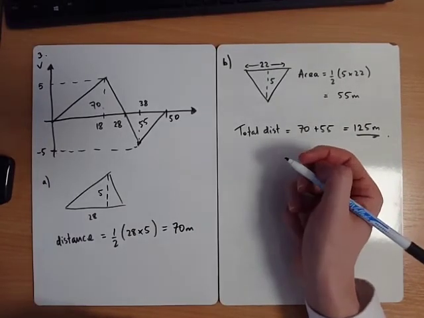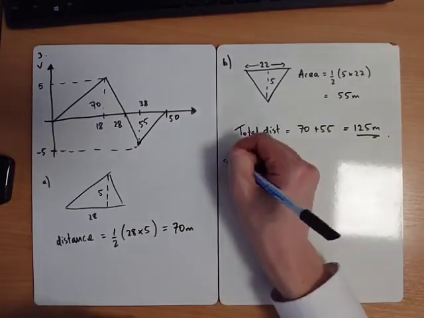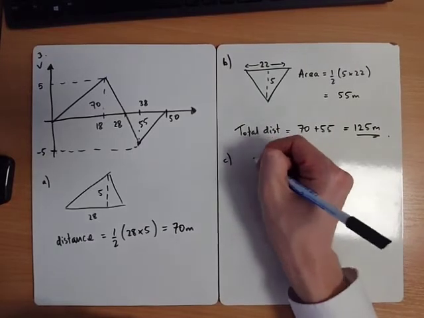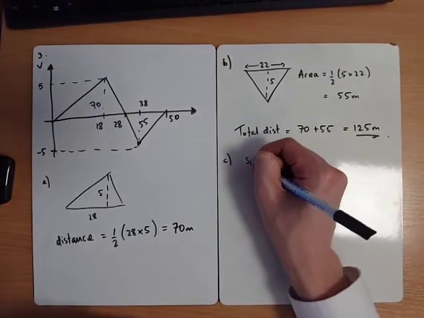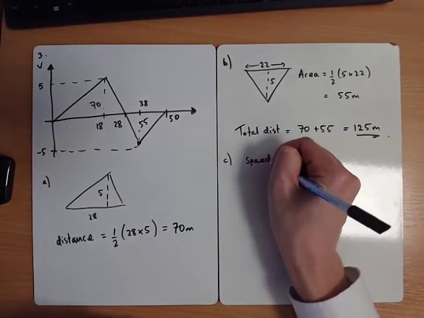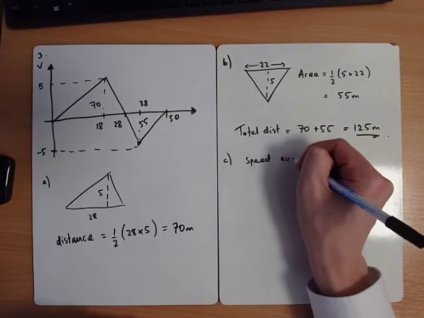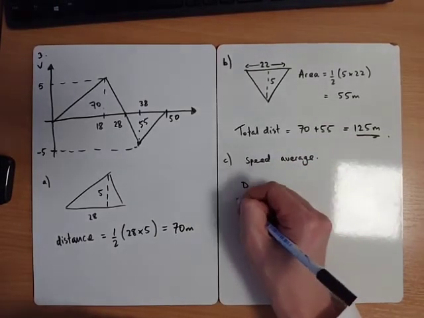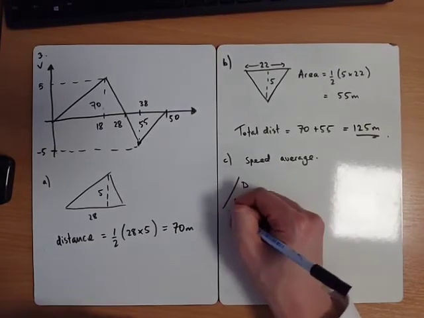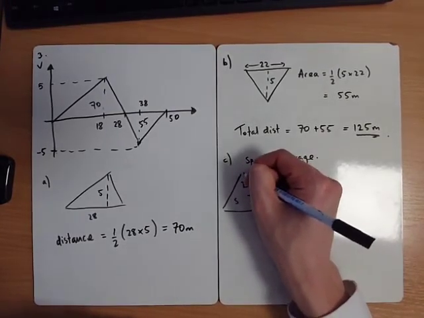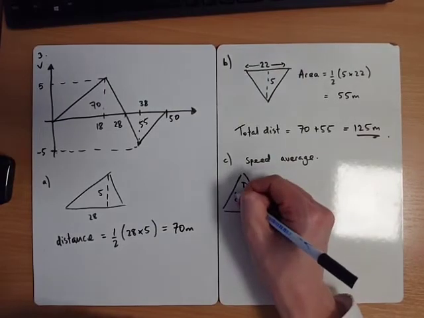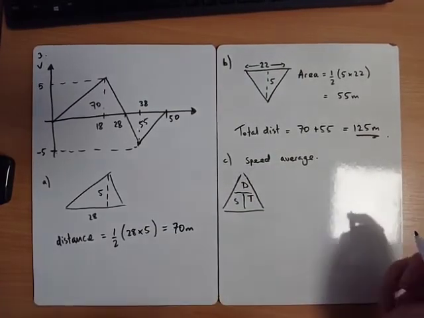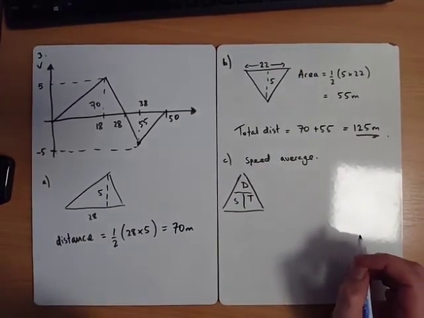And then part C says calculate the average speed. So a triangle that we will have learned at GCSE, but is also really important in the A-level as it comes up. Don't forget your distance, speed, time triangle.